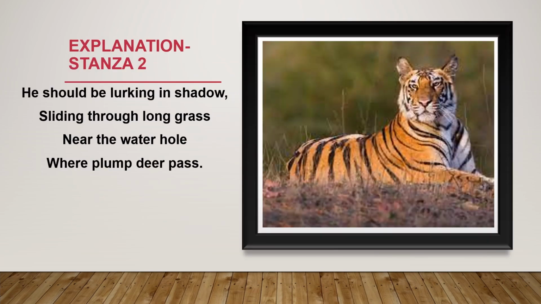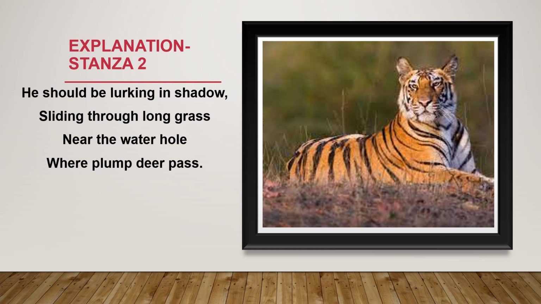He should be lurking in shadow, sliding through long grass, near the waterhole where plump deer pass. Looking at the caged tiger, the poet is filled with pity. He says that the poor tiger should have been in his natural habitat, that is, in the jungle, hunting and resting.